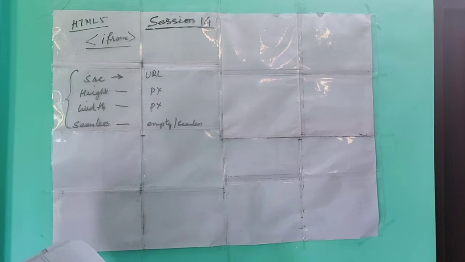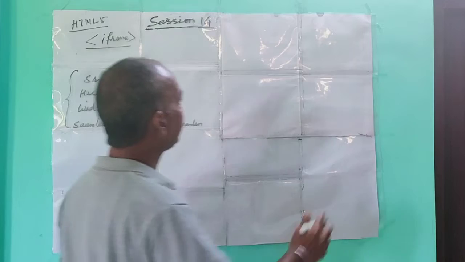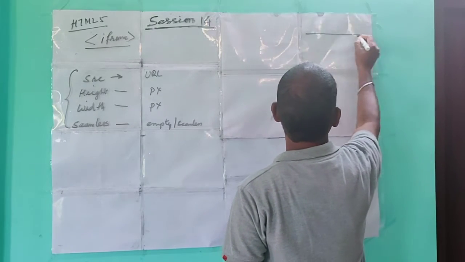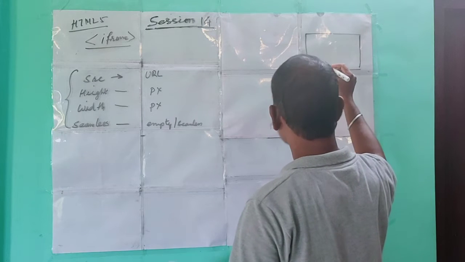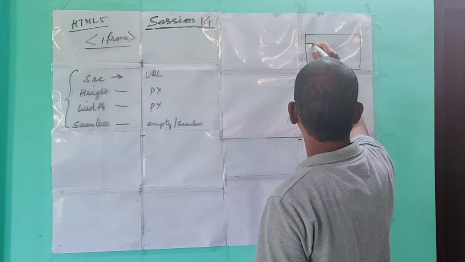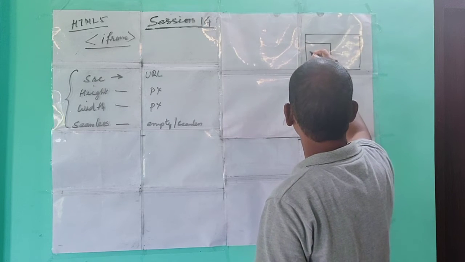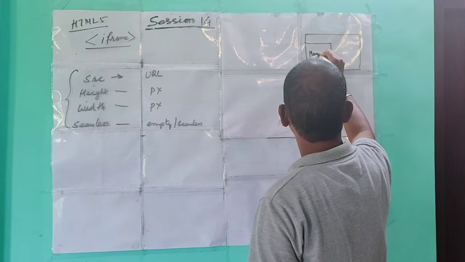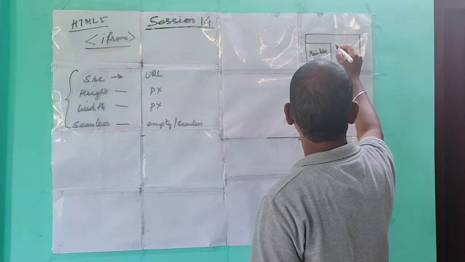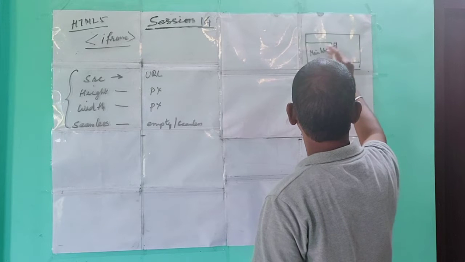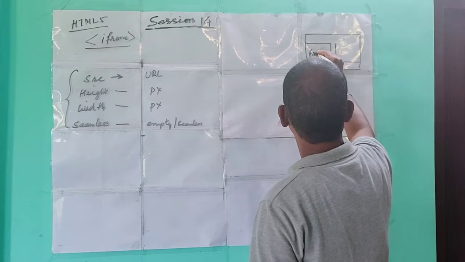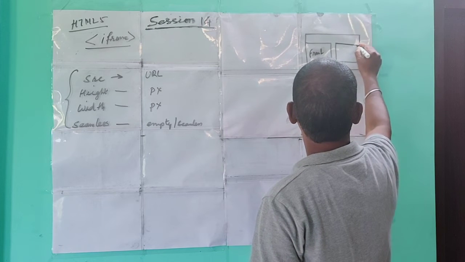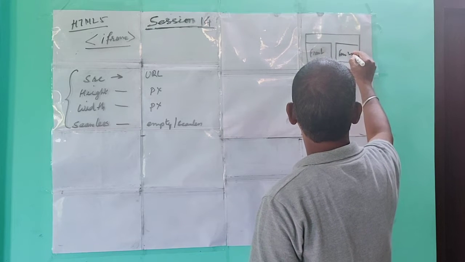See, to create a frame, this is the web page, and in this web page you will create two frames. One is the main document, main.html. The other ones are frame 1 and frame 2.